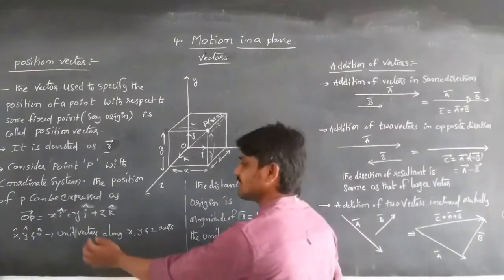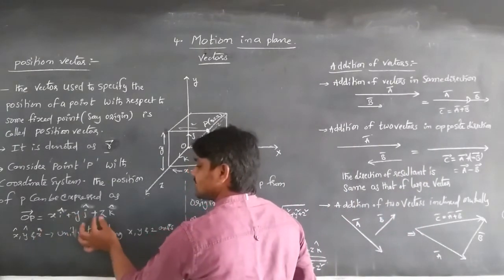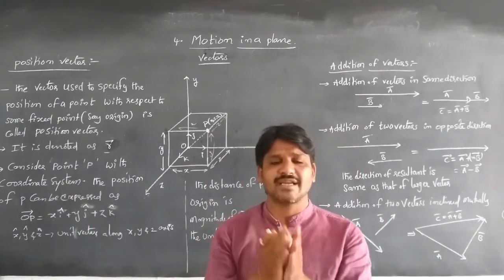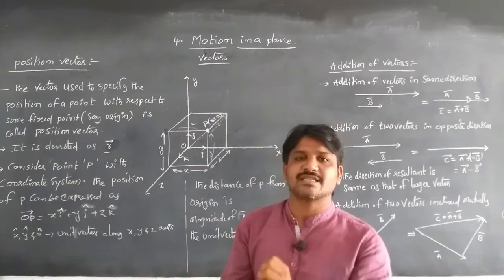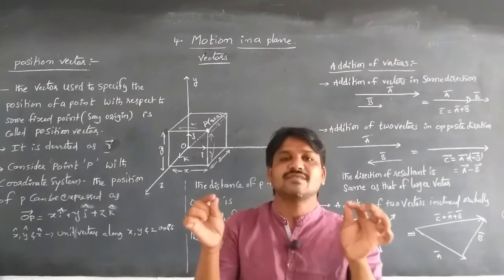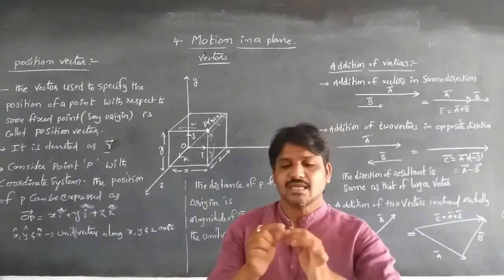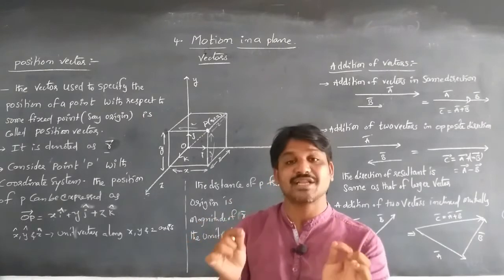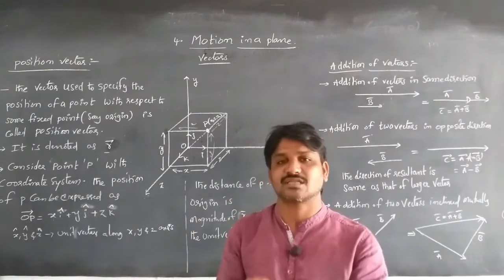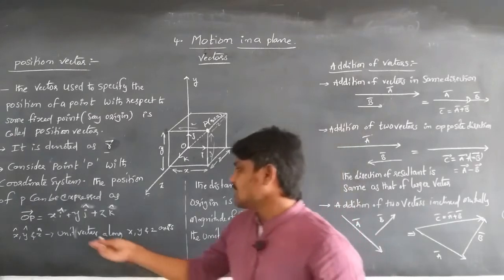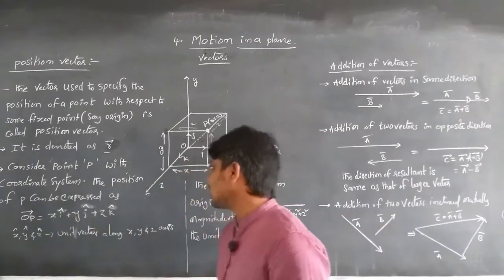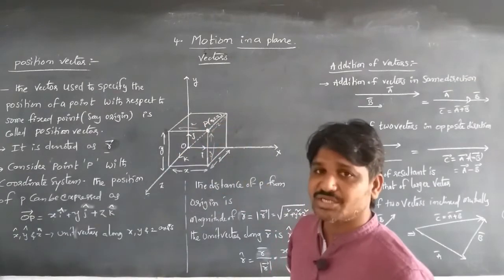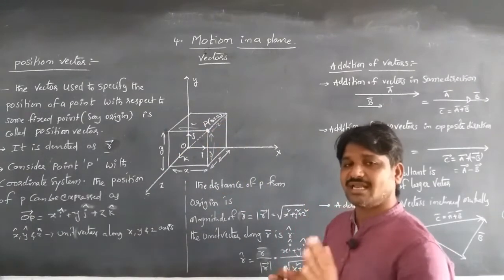Here x, y, z are the magnitudes. If we find the magnitude of any vector, we are obtaining the length of the vector.